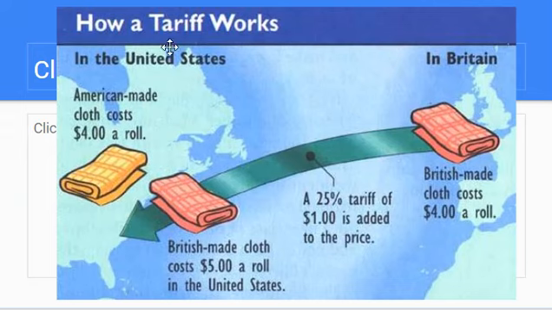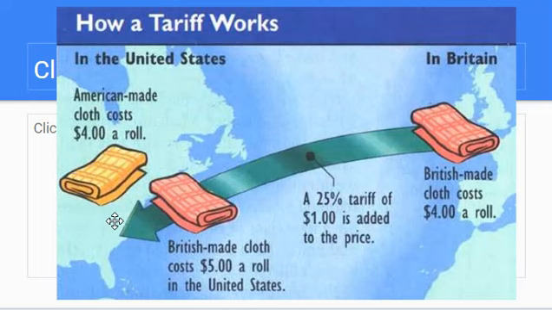And this is how a tariff works, which is a tax. So let's say cloth costs $4 a roll in the United States, and in Britain it costs $4 a roll. So if Britain sells us cloth, the United States government is going to charge a 25% tariff, so $1 is added to the price. So even though it's $4, by the time it gets to the US, it's $5 a roll.